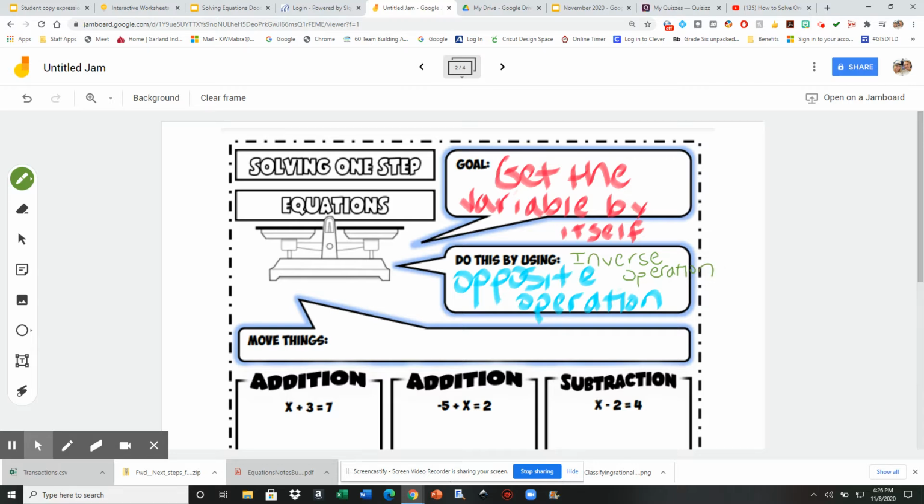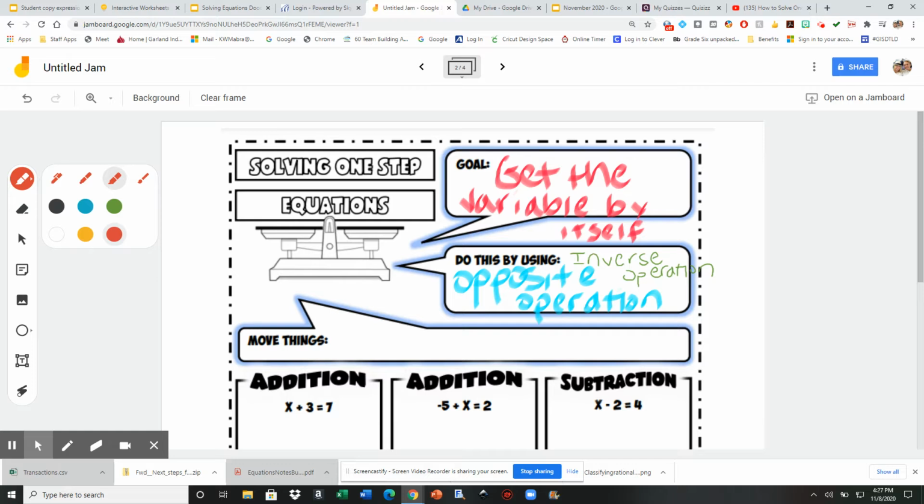So inverse operation just means the opposite. For example, if you had a multiplication problem, the inverse operation of multiplication is division. If you had a subtraction problem, the opposite of subtraction is going to be addition.